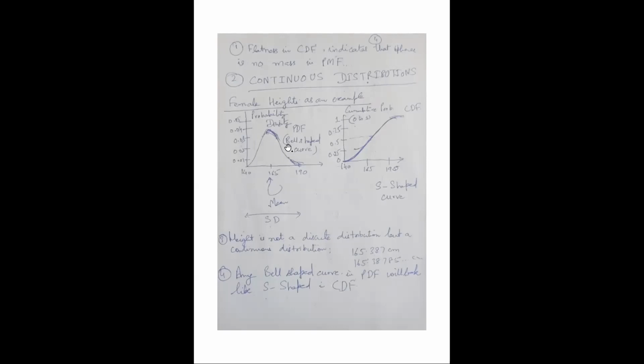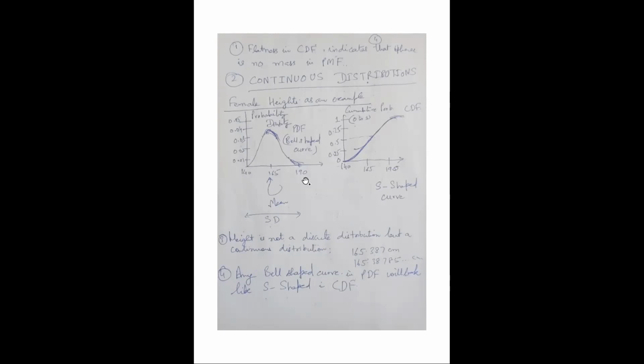So this is a nice bell-shaped curve, and because this is a continuous random variable, this curve is known as the probability density function. At the peak is the mean value, 165, and the spread of this bell-shaped curve is given by the standard deviation.